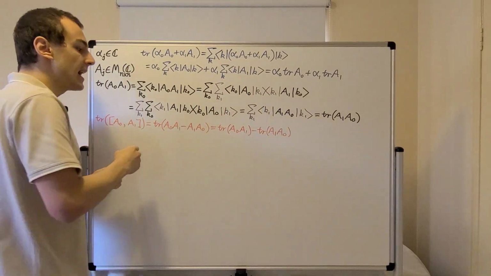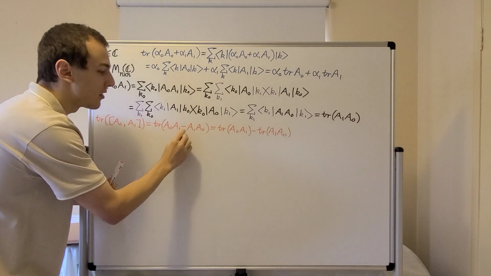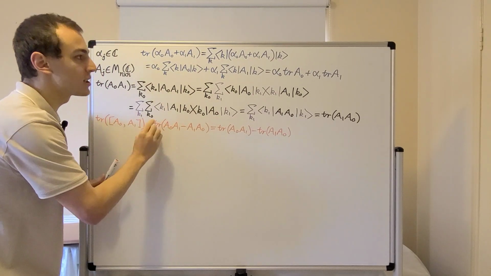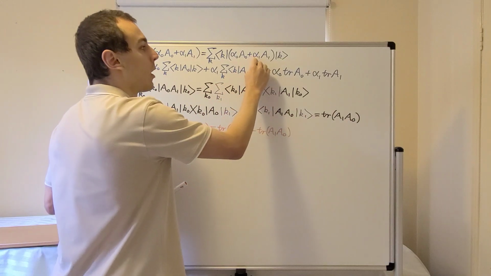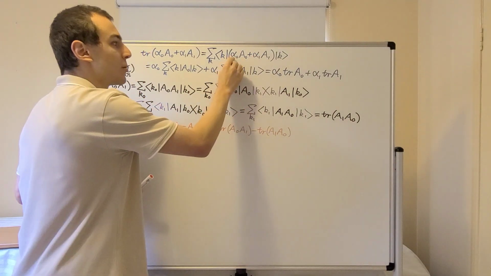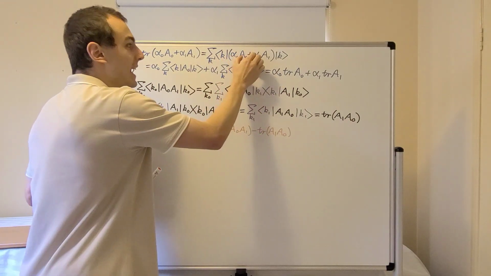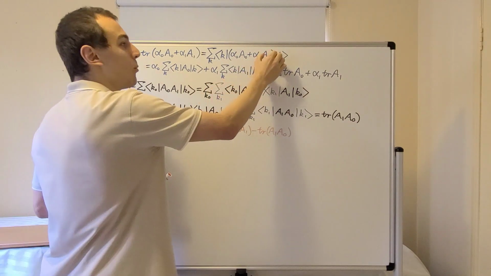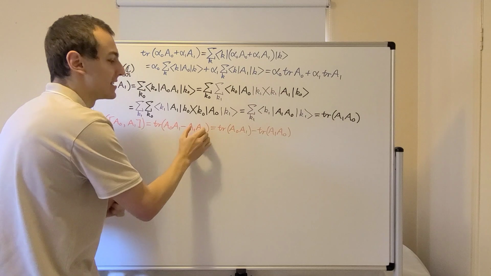So you can think of this as a linear combination where the coefficient over here is -1 and the coefficient over here is +1. So this alpha 1 would be -1 and alpha 0 would be +1. And A0 is actually this combination A0 A1, and A1 is this combination A1 A0.